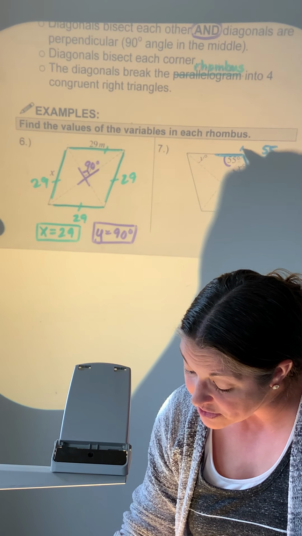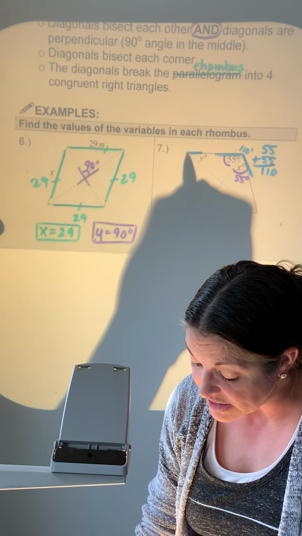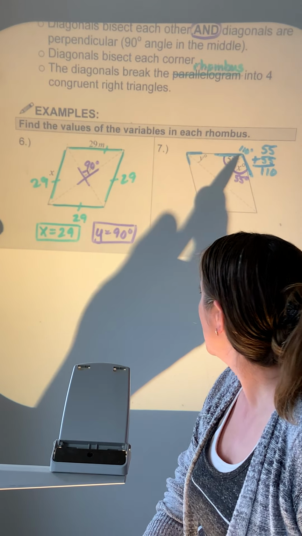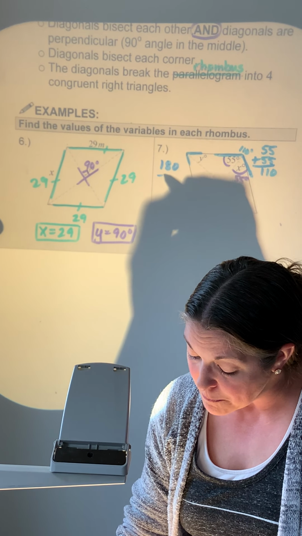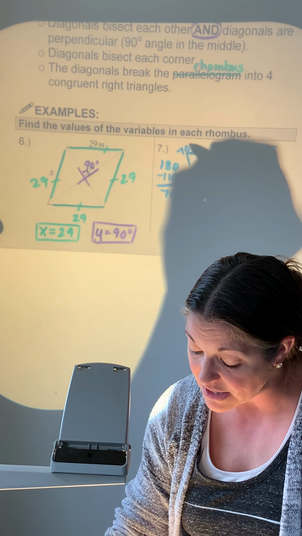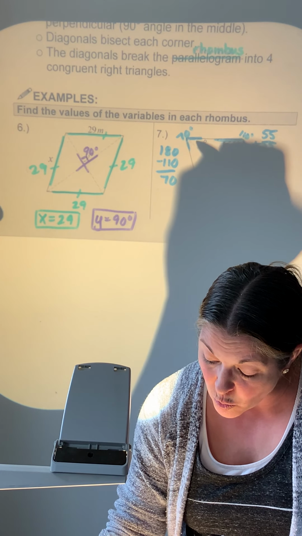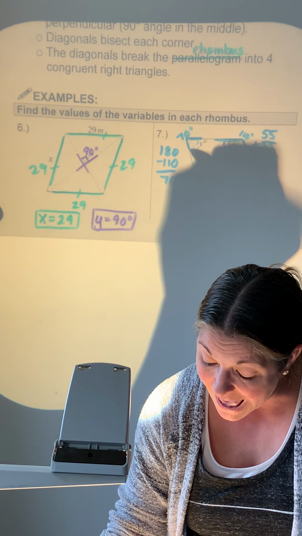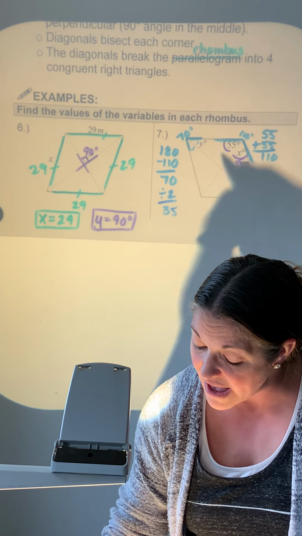So if this whole thing is 110, and this guy is on the same side, we know they're supplementary. So if I do 180 minus 110, I get 70. So the entire thing will be 70 in this corner. But again, I don't want the whole 70, I just want half of it. So if I divide that by 2, I get 35.